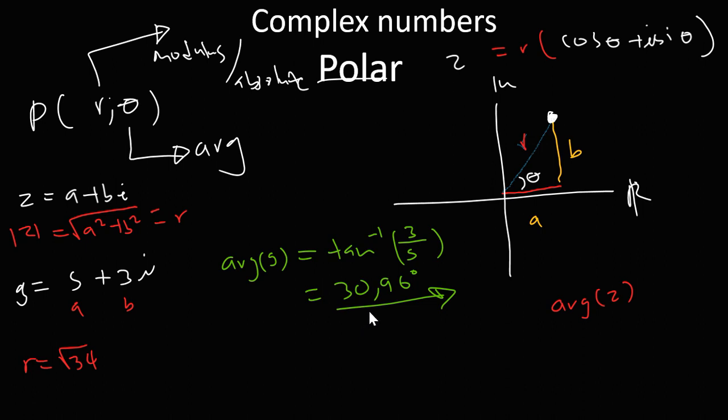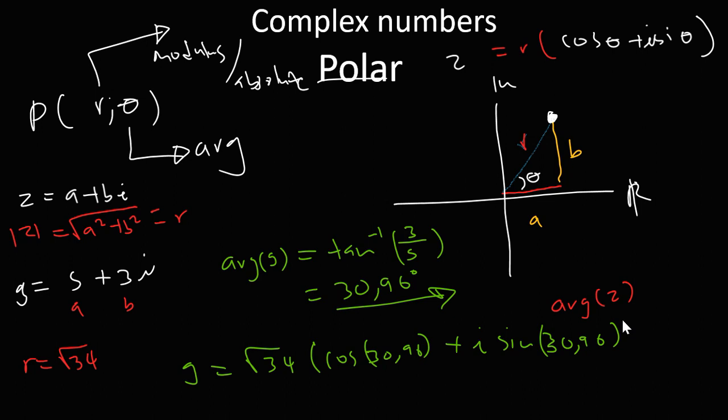Then we can write this complex number in this notation. So g is equal to our r, which we just got to be root 34, times cos of our argument, 30.96, plus i sine of the same argument, 30.96, and then we close the big bracket.